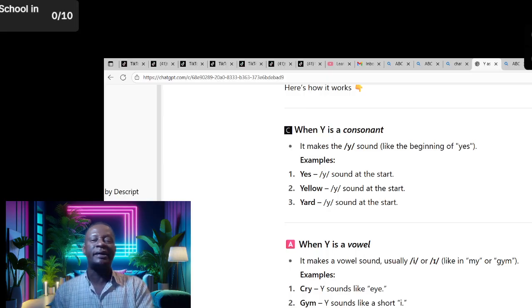When Y is a consonant, it makes the Y sound like the beginning of yes. Example: yes, Y sound at the start. Yellow, Y sound at the start. Yard, Y sound at the start.